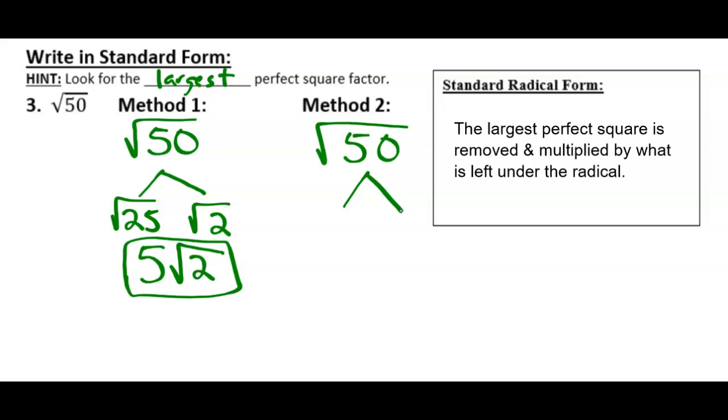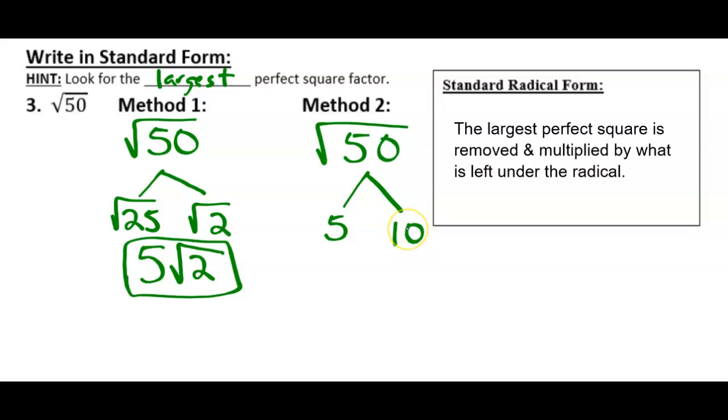So 3, 5, 7, 11, those kinds of numbers. Okay? So I like to put the smallest prime number out here and then whatever it multiplies to out here. So if you look at 50, can I divide 50 by anything? Sure, I can divide it by 5.